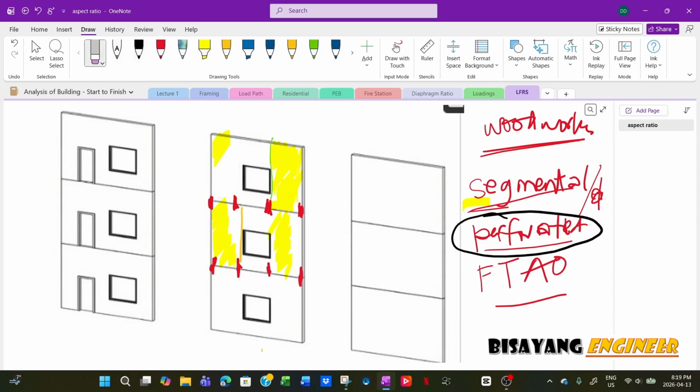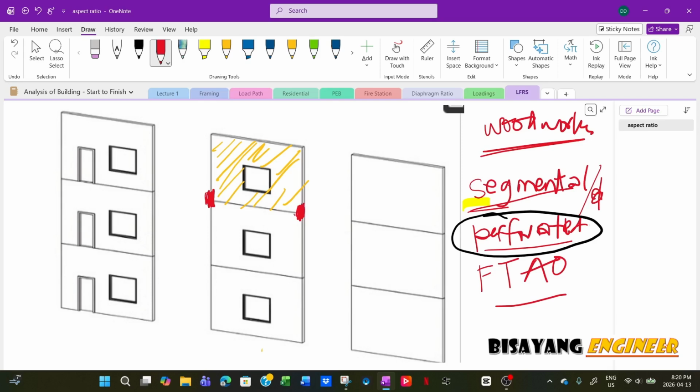Now for perforated shear wall, you can analyze this as one whole wall with the opening, and your hold downs will be right here at its ends only. This usually gives a smaller hold down. There will be a smaller force for the tension uplift at that joint.